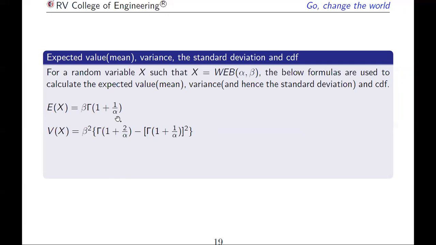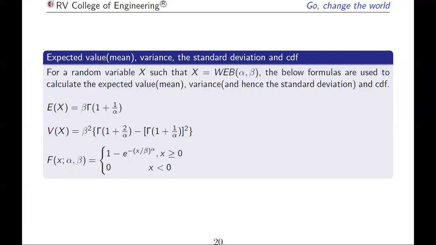The variance is calculated using the formula beta squared, gamma of 1 plus 2 by alpha minus gamma of 1 plus 1 by alpha, whole square. And the cumulative distribution function is given as f of x; alpha, beta equals 1 minus e to the power of minus (x by beta) to the power of alpha, whenever x is greater than or equal to 0, and is equal to 0 otherwise.